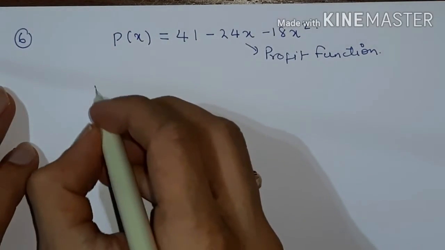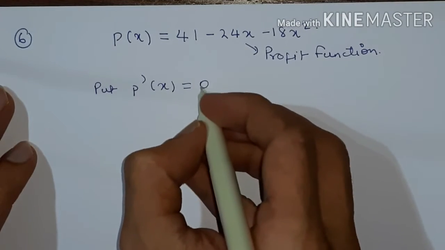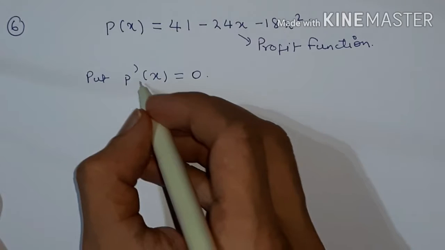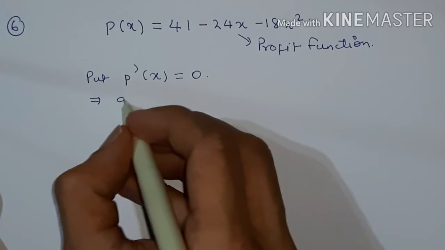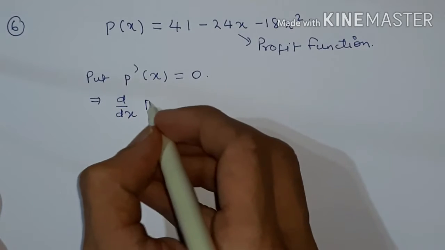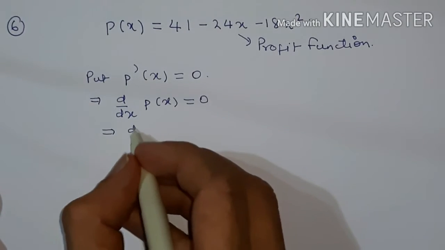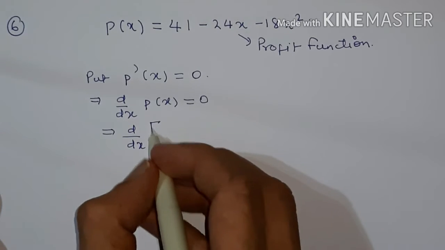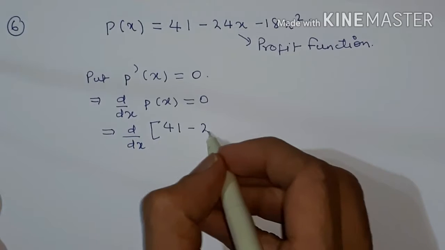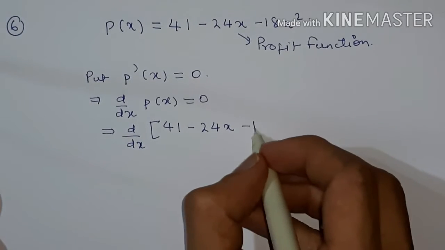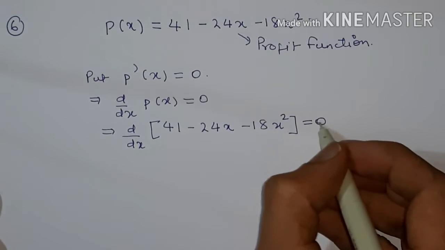So put p prime x equal to 0, the derivative of p of x equal to 0. So d by dx of 41 minus 24x minus 18x square equal to 0.